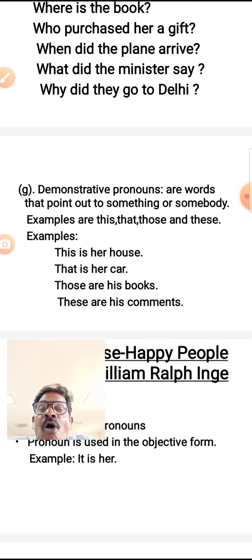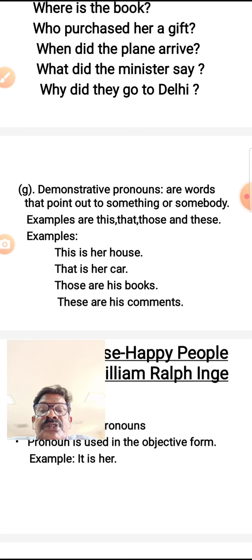They will make a point, a particular thing or particular person, right? The examples of demonstrative pronouns are this, that, those, and these.